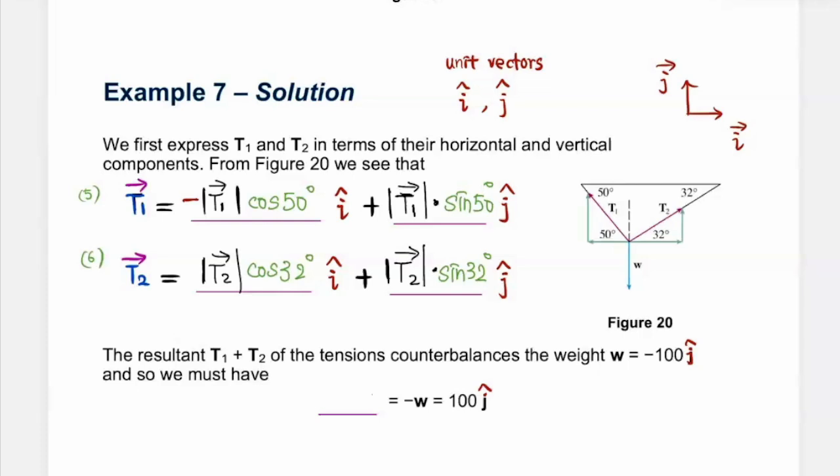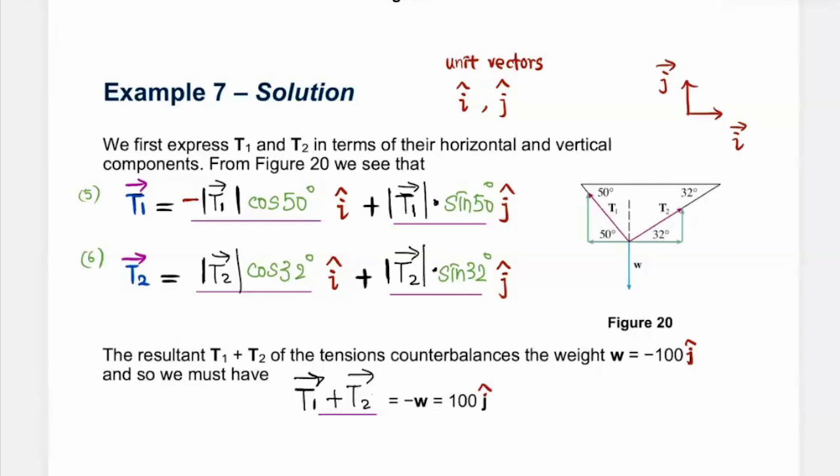The weight is pointing down, so it's going to be the opposite of this W, which is 100 pounds. So T1 plus T2, these two tension vectors, counterbalance the weight, so it's equal to the opposite of the weight, which is 100 pounds, right?